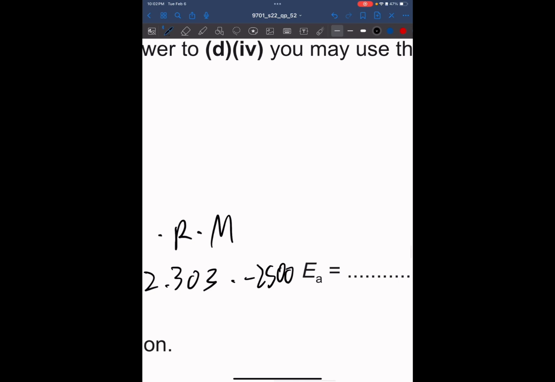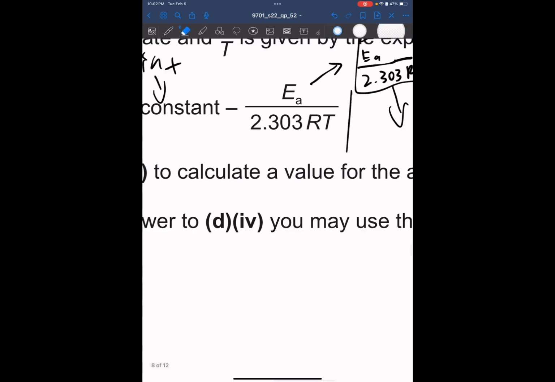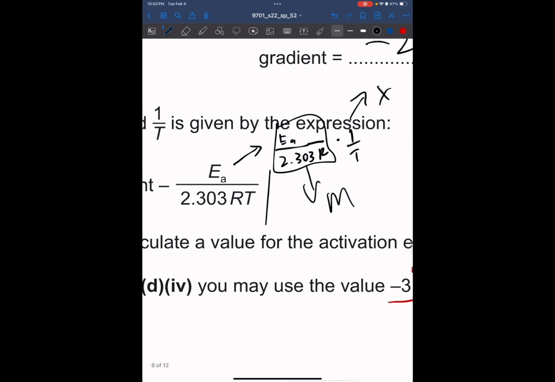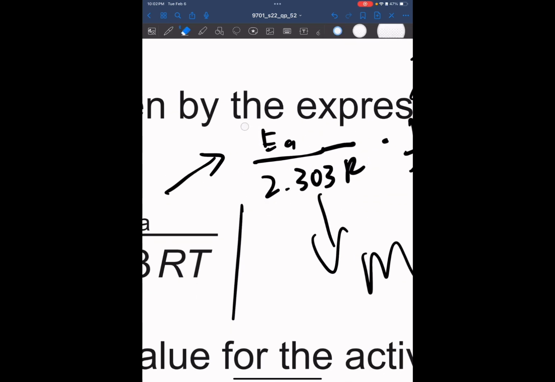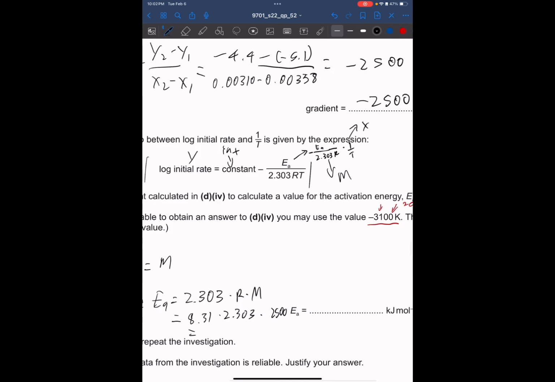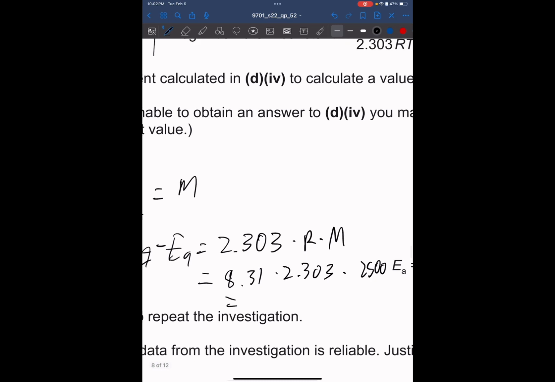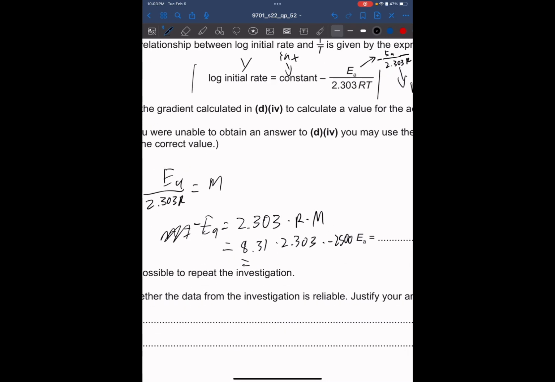This is not going to be negative actually. Why is it not negative? Because our gradient is actually, apologize for the mistake here, minus EA over 2.303 r. So I'm going to add a minus there, so times minus 2,500. Basically the minuses cancel out.